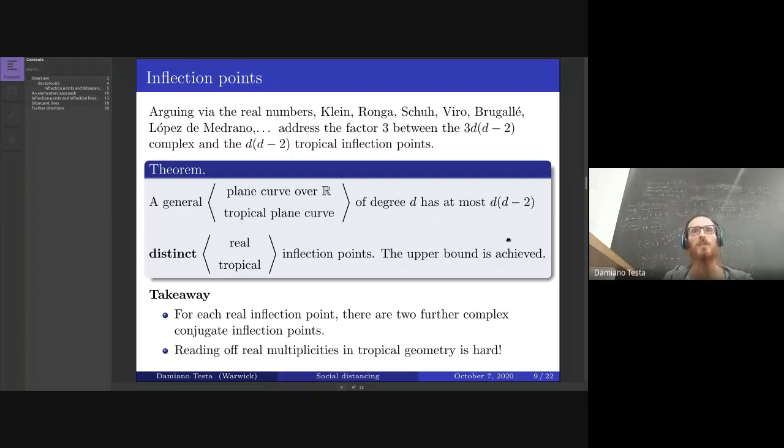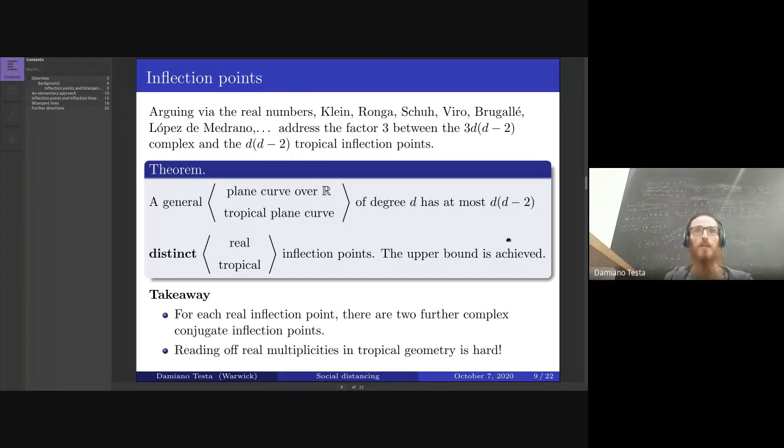And the real points are divided by 3 because with every real solution, there are another 2 complex conjugate solutions that are not real and cannot be real, but that add to the count of the total number of points. So of course, the total number must be 3d times d minus 2. And you still have 3d times d minus 2 distinct solutions to the system. It just happens that 1/3 of these are real, and the remaining 2/3 are in complex conjugate pairs, making up for what's left.